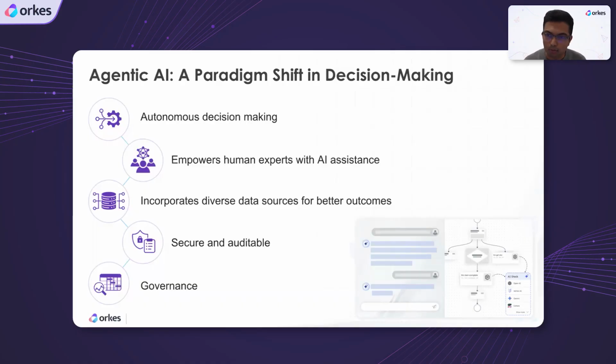You can incorporate diverse data sources that enhance decision making by leveraging a wider area of information, leading to improved accuracy and outcomes. And finally, you can facilitate specialized interactions that can interface with external specialized agents such as compliance checkers, ensuring that decisions adhere to regulations.